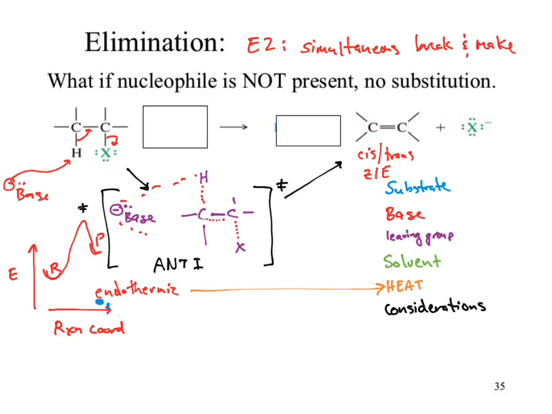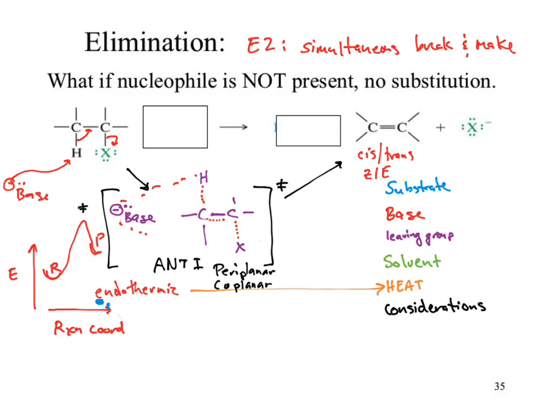Okay? There are subtle circumstances where we don't have to be perfectly anti, which is why we don't use the anti word in and of itself. I refer to it as periplanar. I've also heard coplanar. Both of them are tying at the same point.